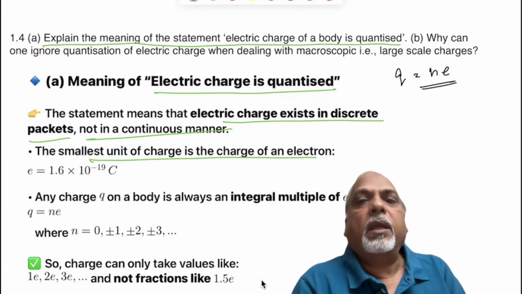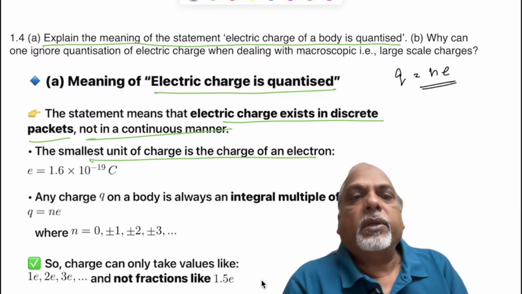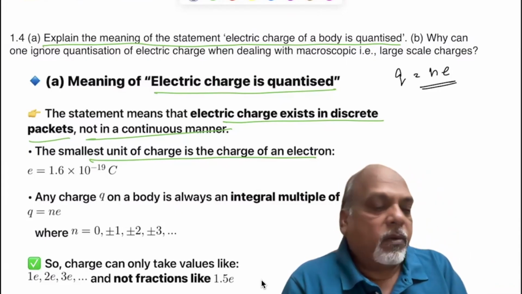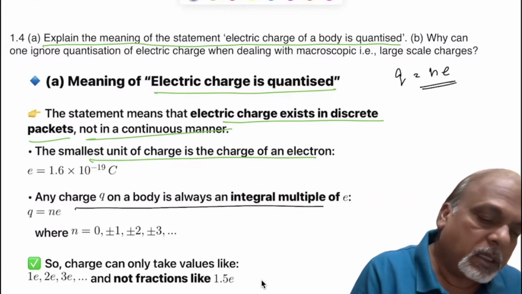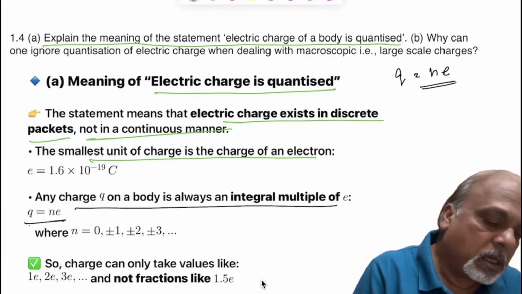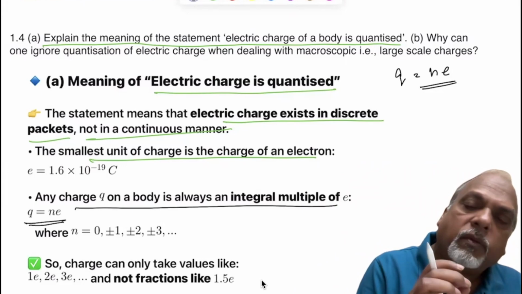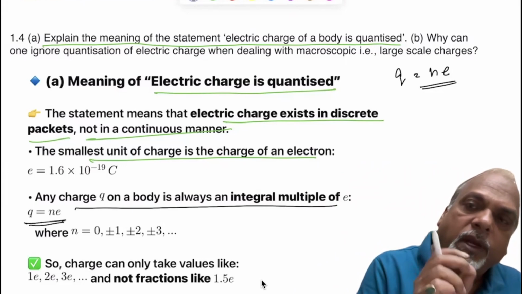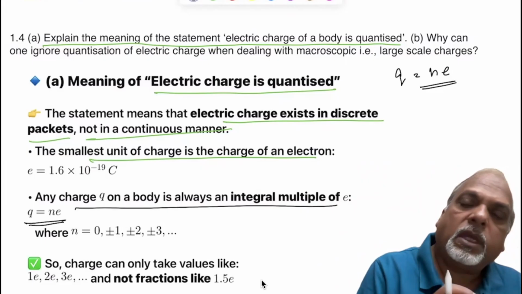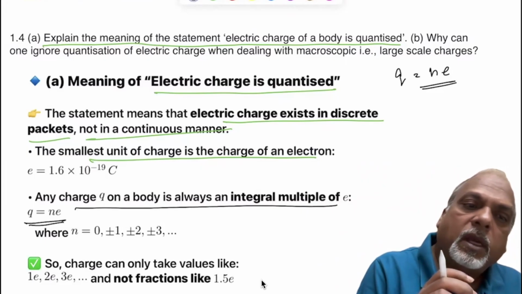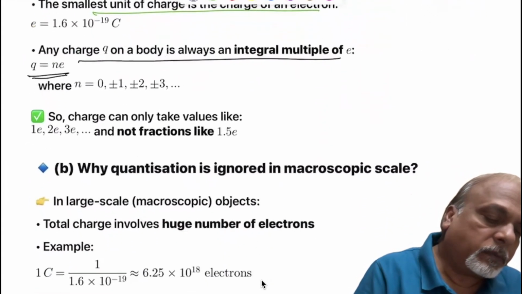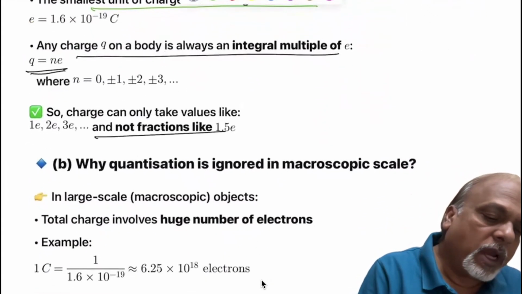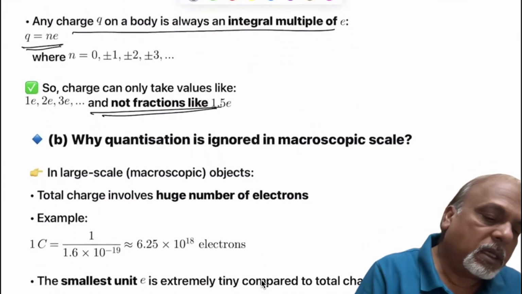That is the meaning of quantization of charge. The fundamental charge is a discrete charge. It is not a continuous charge. Correct? Now, you cannot have a fraction of a charge.